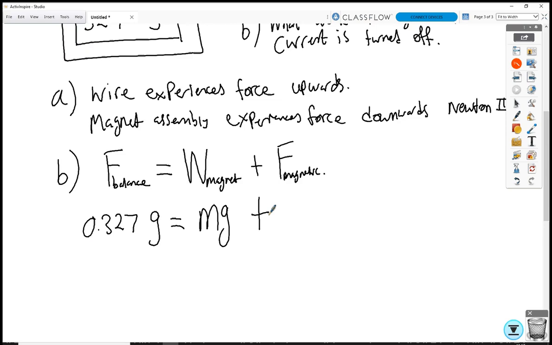Well, F equals BIL, so we just replace that with BIL. And now we can start to see how we're going to work out the mass that would have been read by the balance had we switched that current off, which is just going to be the mass that was read times g minus that extra force that was introduced by that current being turned on. Then we can divide the whole thing by g.